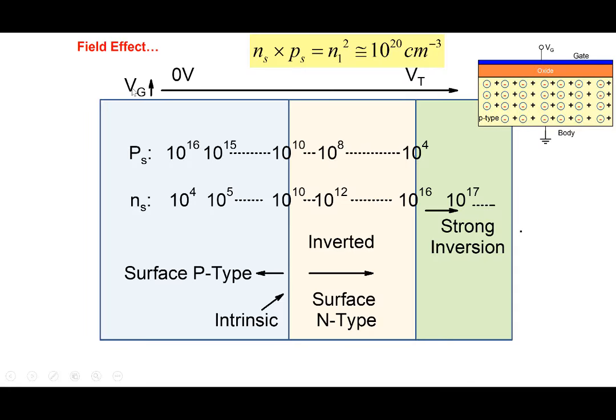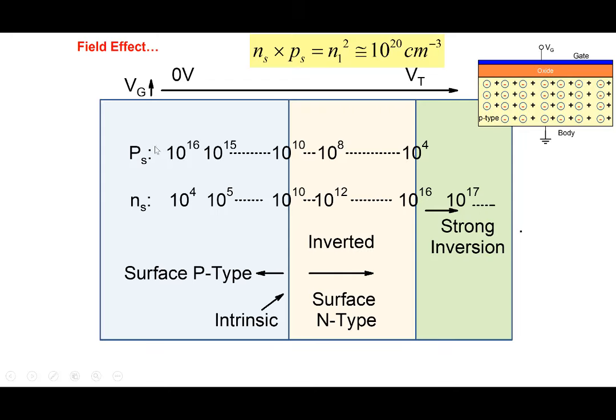So we start from Vg equal to 0, and you start increasing Vg, from 0 to 0.1 to 0.2 and so on, and you keep on increasing Vg here. That's the arrow. As you increase Vg, you create more and more electric field pointing downwards, and therefore you push more and more holes away from the surface.